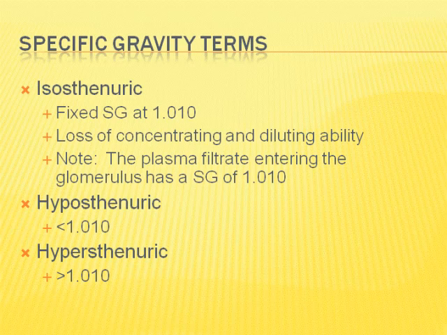So what this means is that the tubule system is not concentrating and not diluting the urine the way it should, meaning if it comes into the glomerulus at 1.010 and it's leaving your body at 1.010, not a whole lot is happening in between. So hyposthenuric is less than 1.010, and obviously hypersthenuric is greater than 1.010.